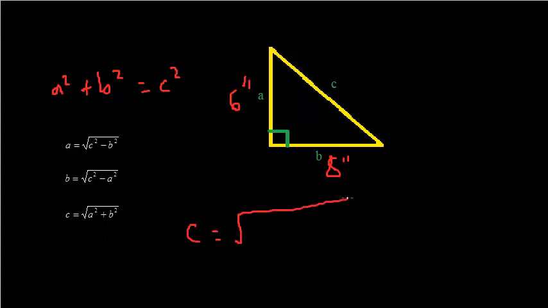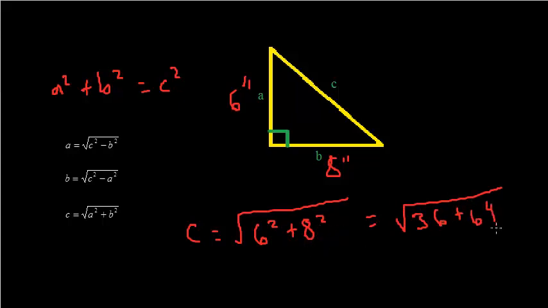C is equal to the square root of 6 squared plus 8 squared. 6 squared is 36, and 8 squared is 64. 36 plus 64 gives me 100, so I have the square root of 100, which is 10. So C is equal to 10 inches. And that is how we use the Pythagorean theorem.